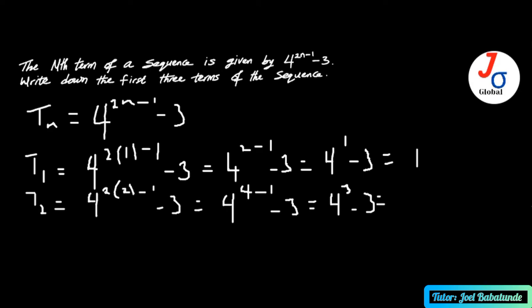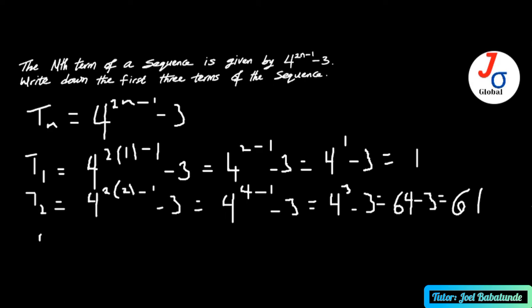What's 4 raised to the power of 3? It is actually 64. So 64 minus 3 gives us 61. So our second term is 61.